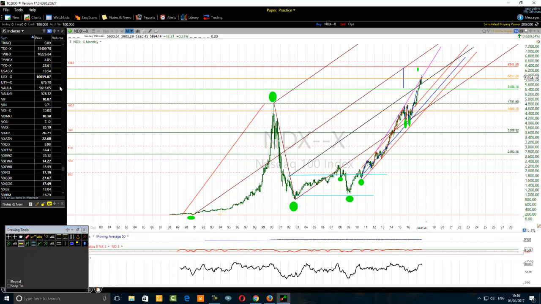It's the 138.2% Fibonacci extension level of that trending first, here all the way up here. That level corresponds to 6600. Note it down.